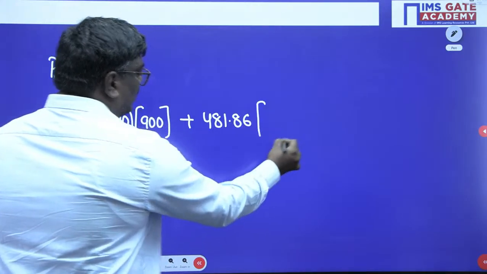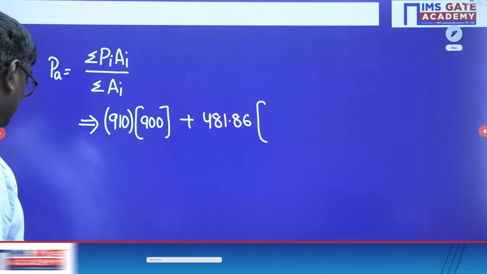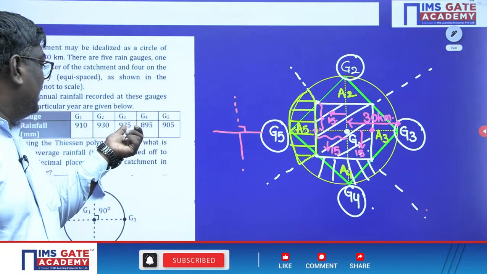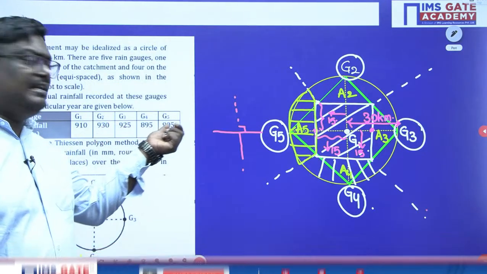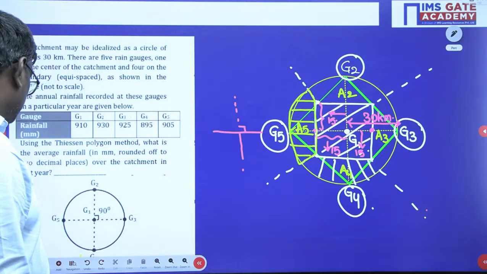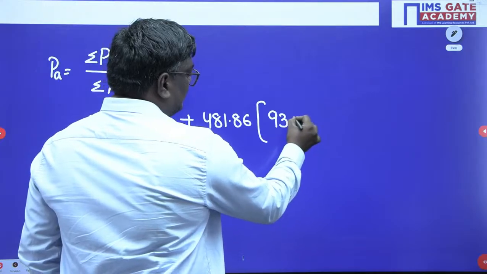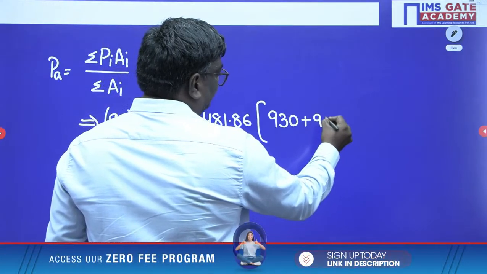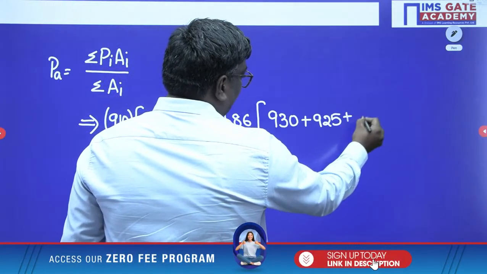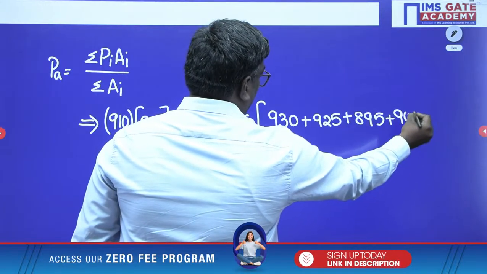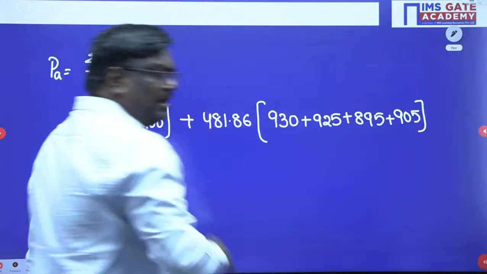And now we have to consider the remaining precipitations here. What are the remaining precipitations, sir? 930, 925, 895 and 905, divided by the total area.